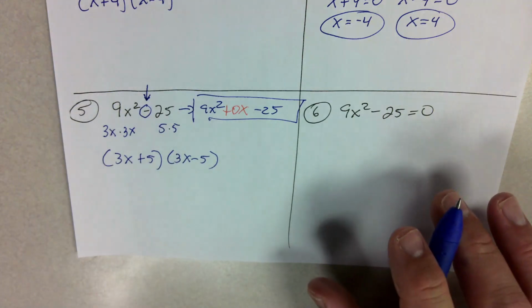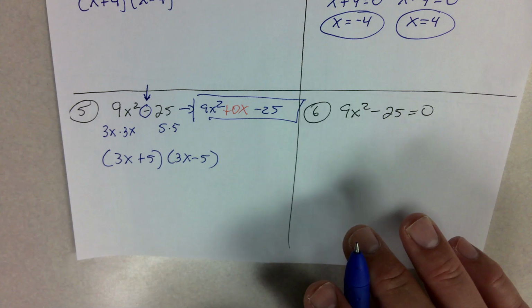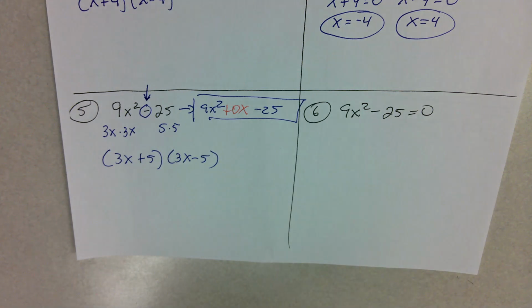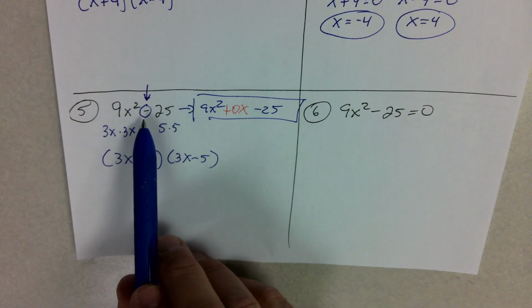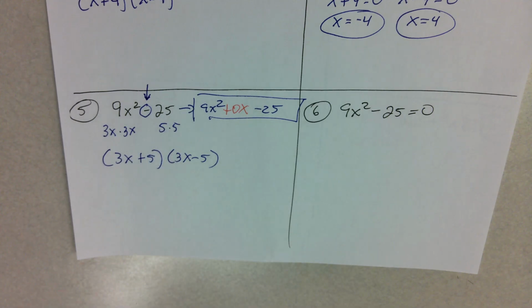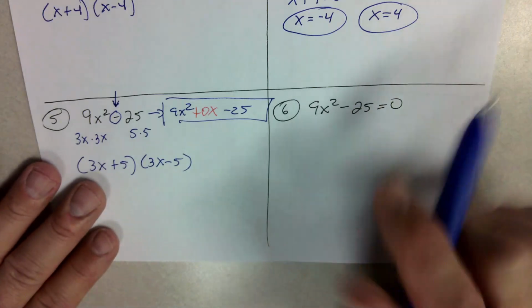And then you'd have to multiply 9 and negative 25 together, split the middle term, and factor by grouping. If you're on top of your game and you know that there's a perfect square and a perfect square with subtraction, we can go straight into our two factors. Okay? Special circumstance. So here's the second one.